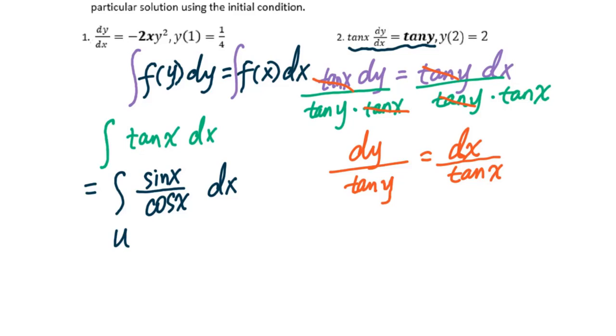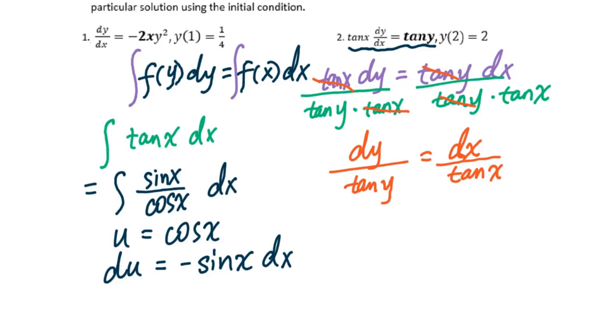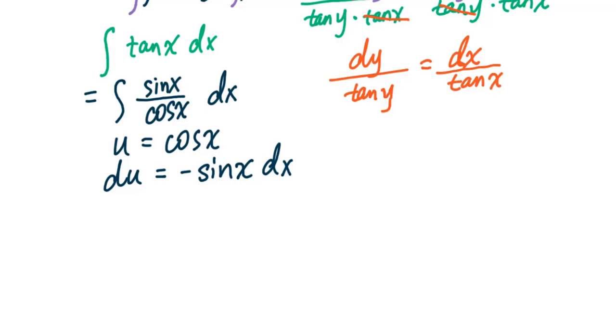We will set up u equals cosine x. Therefore, du equals negative sine x dx. Then dx equals du over negative sine x.